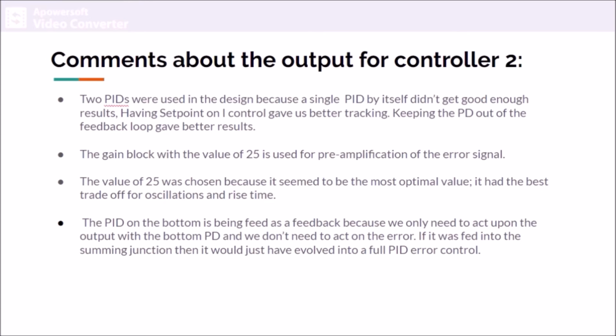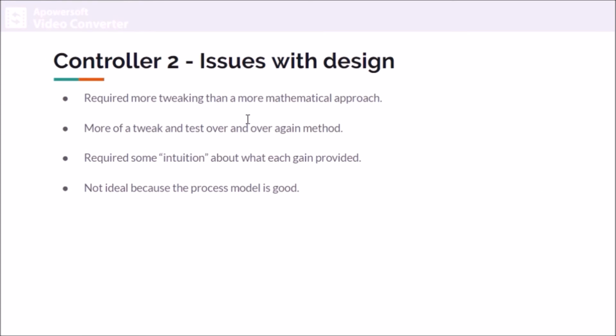The next slide: the issues with the design. The advantage of the system is that it doesn't require a mathematical model. No mathematical approach is required, no complex calculations, but on the other side it requires a lot of tweaking and tuning, and since it requires a lot of tuning and tweaking, it also requires a lot of testing.